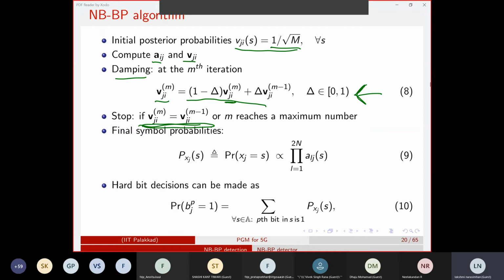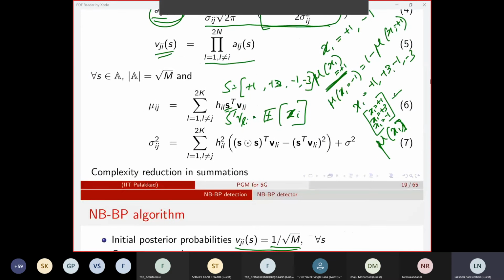Once we stop, we already have the posterior probabilities. We simply compute the maximum symbol value in the posterior distribution that we have. Essentially, the vector that we have computed is nothing but a PMF, a mass function, which gives us the probability of xi being equal to +1 or +3 or -1, and so on.